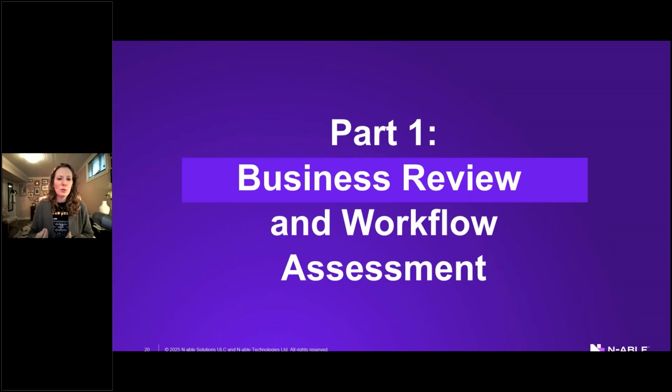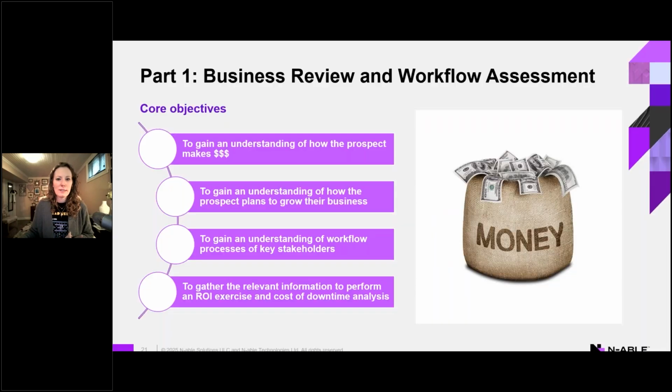So let's look at the first of the two parts we're going to be talking about today, the business review and the workflow assessment. When we talk about the business review workflow assessment, this is our objective, unbiased analysis of your prospect's business that's designed to provide a clear picture of where your prospect's business currently stands today, where it's going, and what factors are or might be impeding that growth.